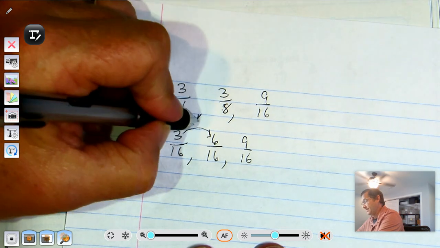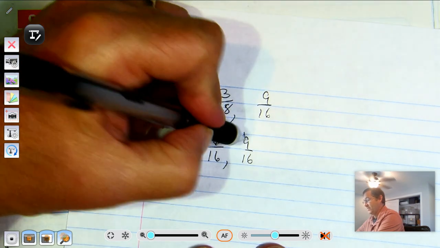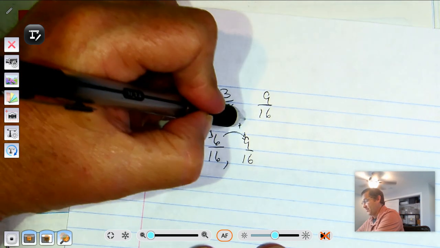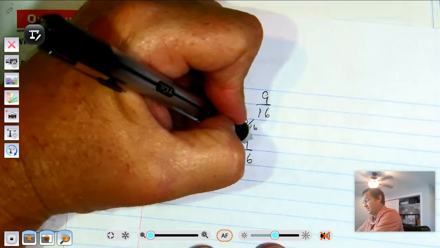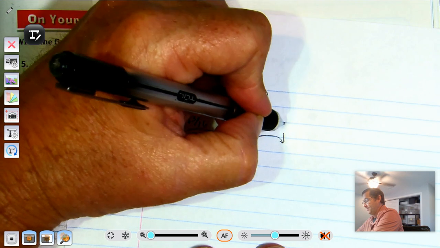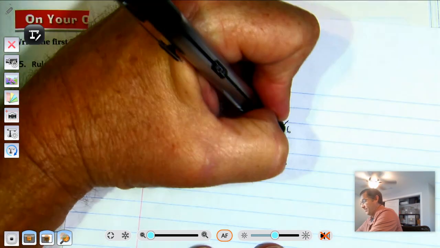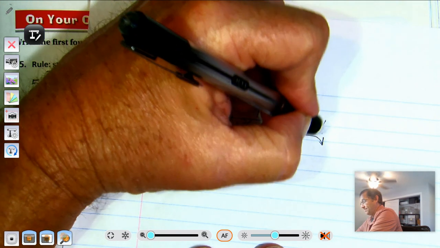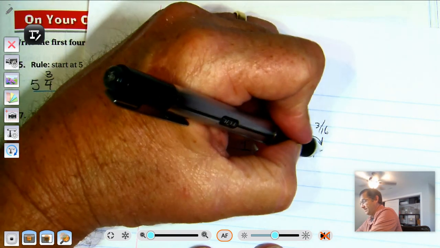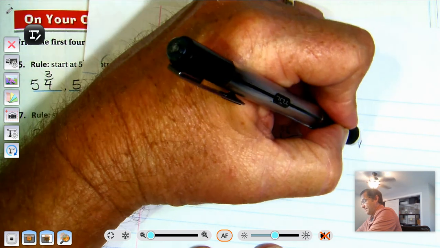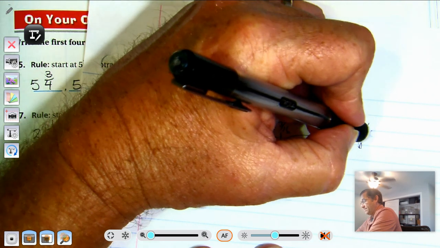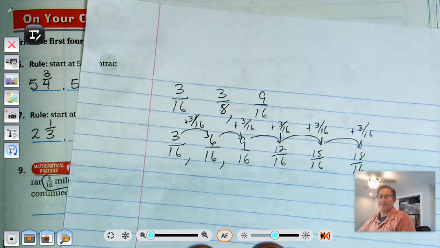So 3/16. To go from 6 to 9, it's increasing by 3/16. So let's just add 3/16 again. That gives me 12/16. If I add 3/16 again, 3/16 plus 12/16 is 15/16. And then plus 3/16, we'd be at 18/16.